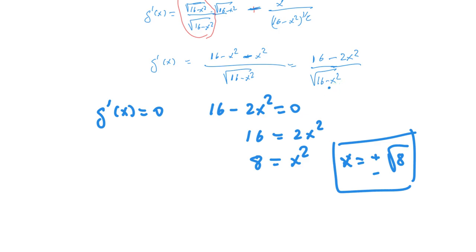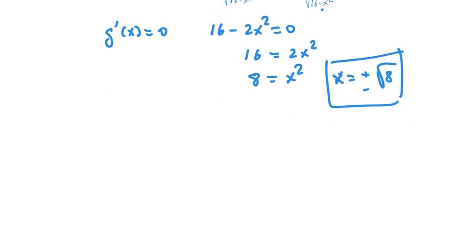So x equals 4 is another critical point. And is this the only one? No. There is another critical point, x equal minus 4. When x is minus 4, squared will be 16. 16 minus 16 will be 0, and division by 0 is not allowed. It will be another critical point.